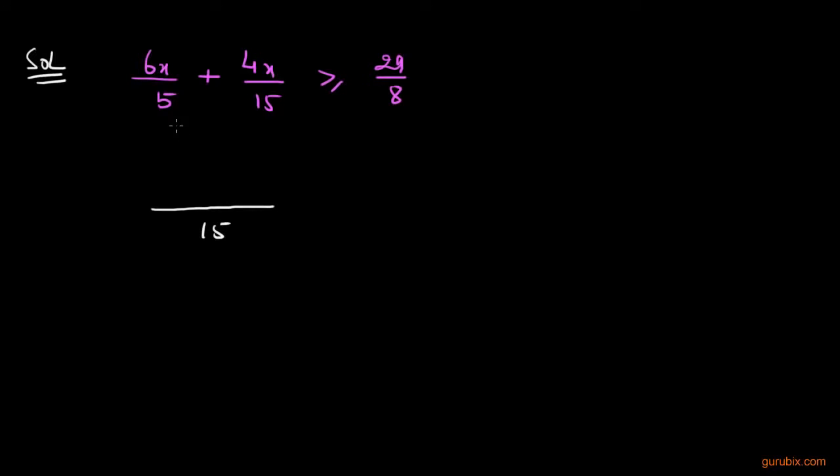If we divide 15 by 5 we get 3, and multiplying 3 with 6x we get 18x. If we divide 15 by 15 we get 1, and multiplying 1 with 4x we get 4x, and this is greater than or equal to 29 over 8.